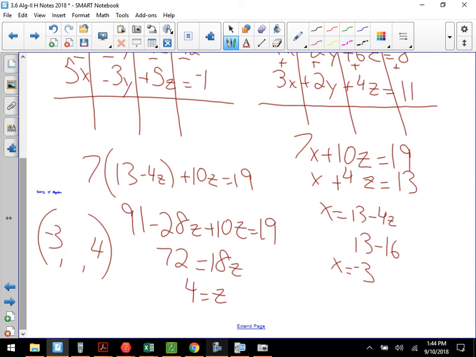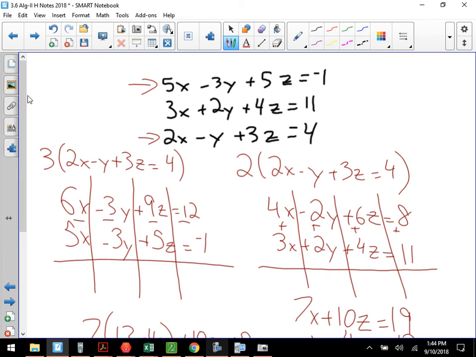And then last, we go back up. What was it, negative 3 and 4 so far? So 3 times negative 3 plus 2y plus 4 times 4 is 11.